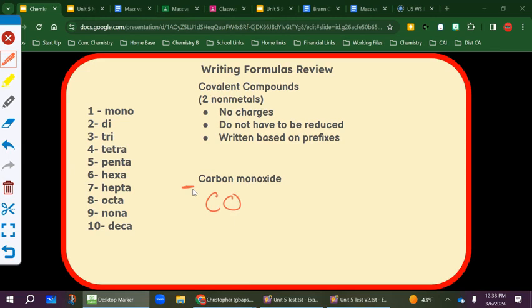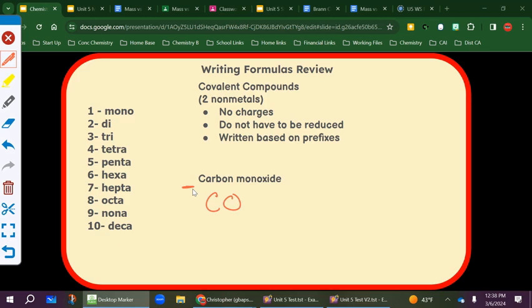Now, they do that for a simple reason. Lots of covalent compounds begin with only 1 of the first element. And if they put mono in front of all of those, when they then listed them alphabetically, it would be a nightmare. You'd have a list of mono compounds that would be huge, and you would have to find monocarbon, so they don't put mono first.